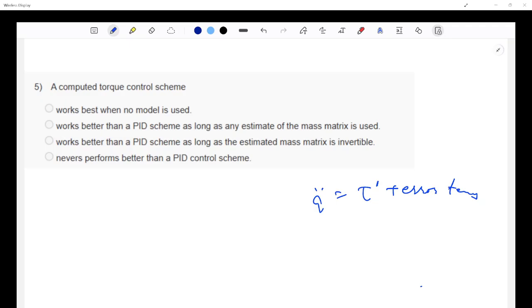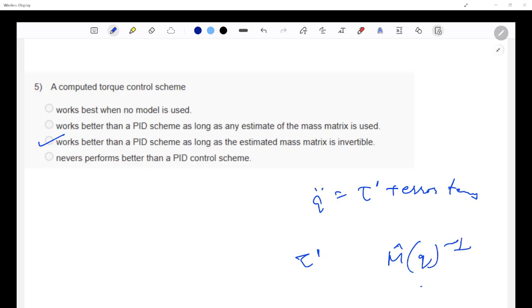So let's talk about the third option first. It works better than a PID scheme as long as the estimated mass matrix is invertible. This is correct. Why? Because computed torque requires this M, C, G matrix, etc. So to compute this tau dash, we will need to invert our mass matrix.